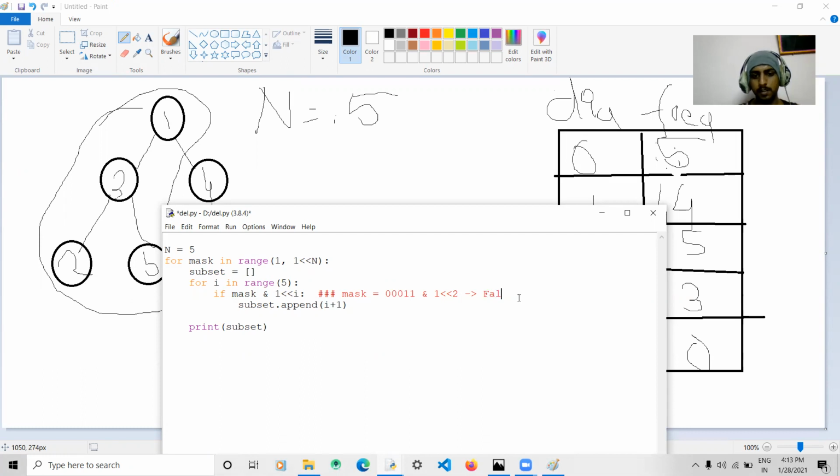In this case this will return false because the third bit is 0. If you do 1, this will say this bit is on, and it will return true. So instead of running a loop and checking the binary number as a string, you can also do masking. Masking is just a bit faster than the string, because bitwise operations are done on the CPU, very fast. So this is how we check the subsets.